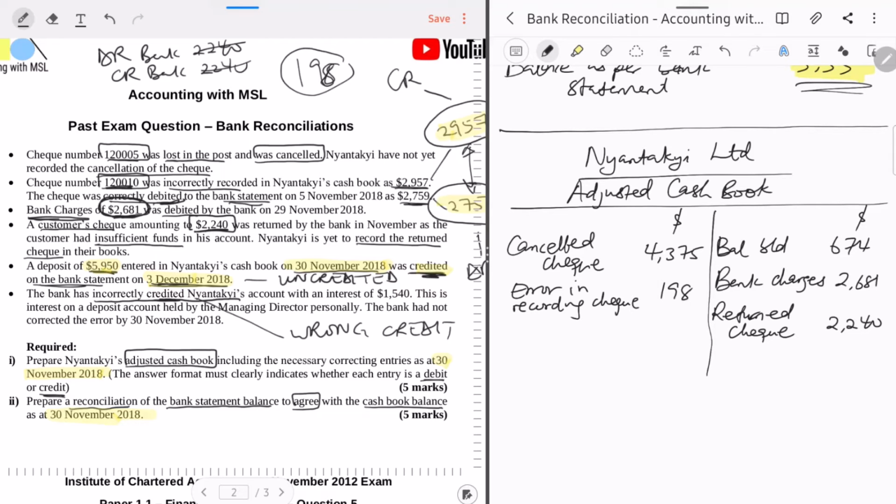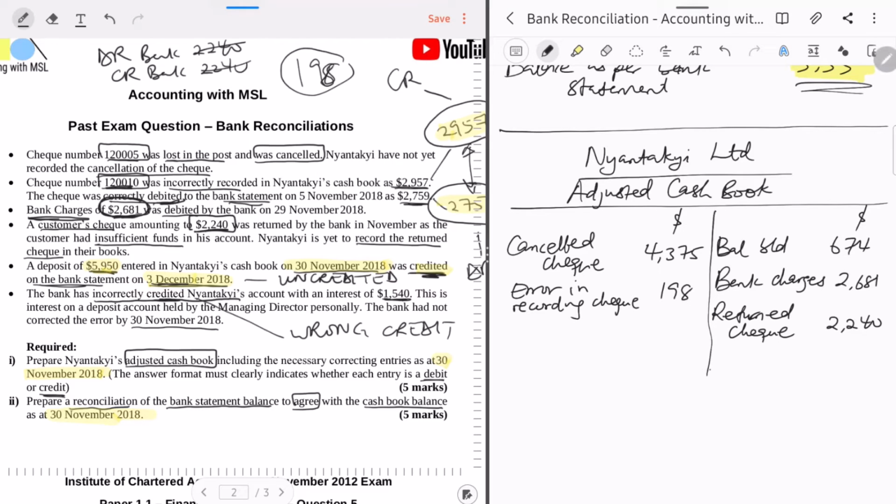So the bank has incorrectly credited Nyantechi's account with interest of 1,540. This is interest on a deposit account held by the managing director personally. The bank had not corrected the error by 30th November. So at least we know that this is a wrong credit that we must reflect in our books, right?